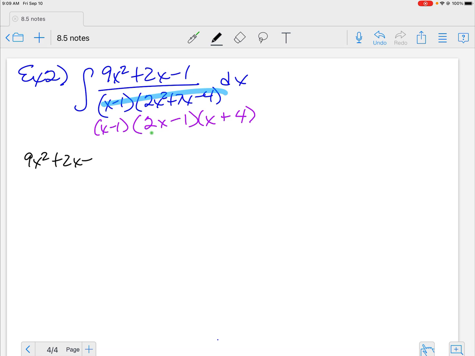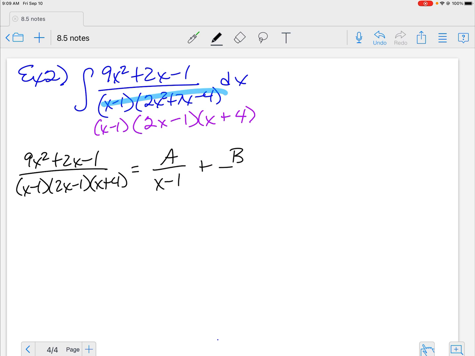9x squared plus 2x minus 1 over x minus 1, 2x minus 1, and x plus 4. So I have A over x minus 1, B over 2x minus 1, and C over x plus 4. All right, common denominator.